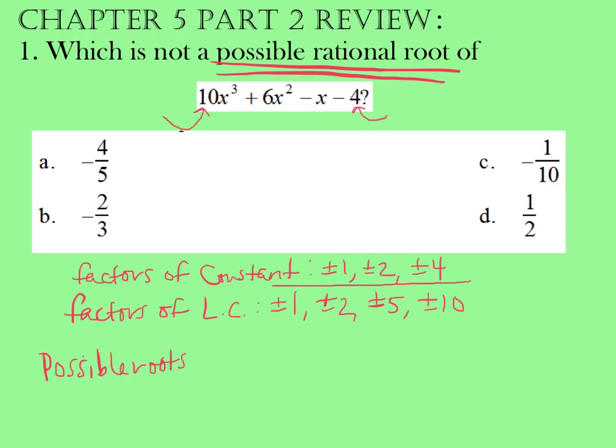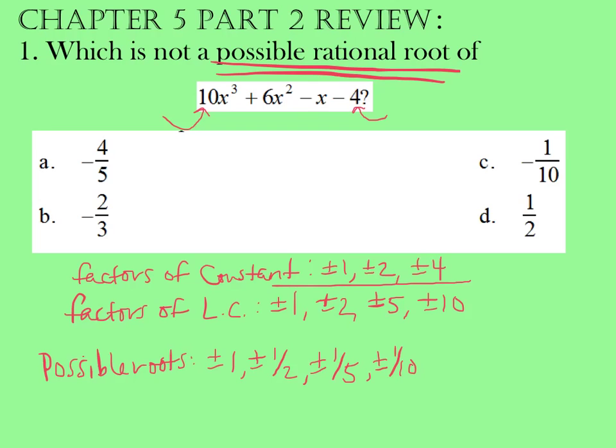So 1 divided by 1 is plus or minus 1. 1 divided by 2 is plus or minus 1 divided by 2. 1 divided by 5, plus or minus 1 divided by 5. 1 divided by 10, plus or minus 1 divided by 10.